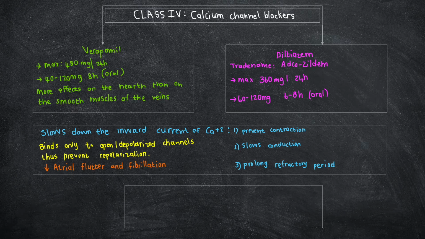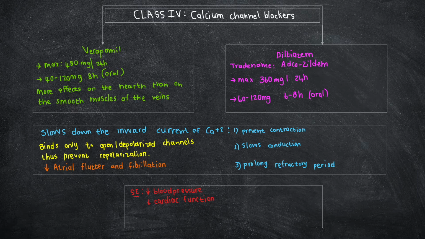Thus, this drug will work best if your patient is in a state of tachycardia, because in a normal heart cell, the calcium channels will be too quickly repolarized, and thus the drug will move away or dissociate from that target site. These drugs also decrease atrial flutter and fibrillation. Side effects include a decrease in blood pressure and a decrease in cardiac function.